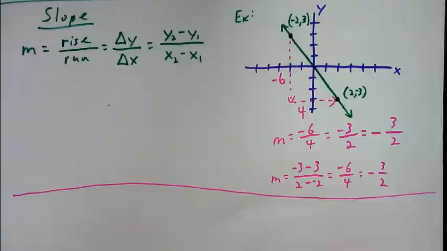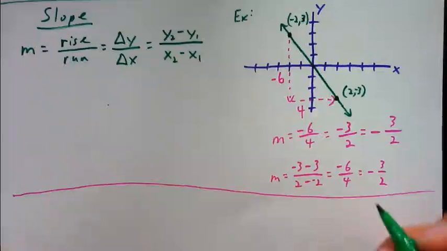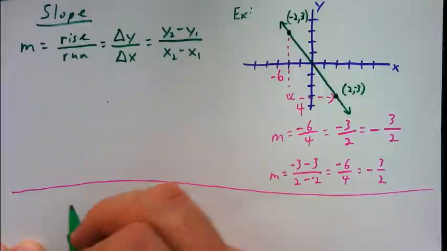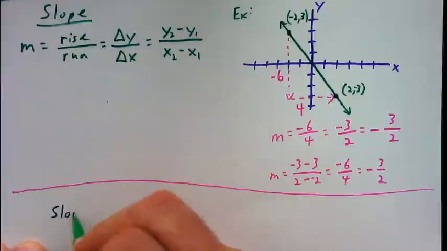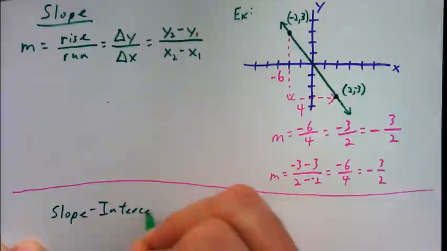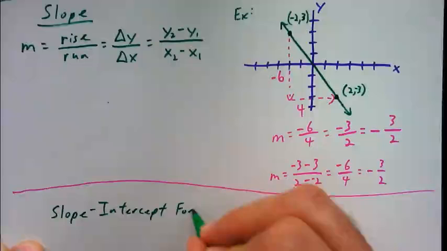All right, so now there are 2 formulas that we should know. 2 different equations for a linear graph. One of them is called slope-intercept form.